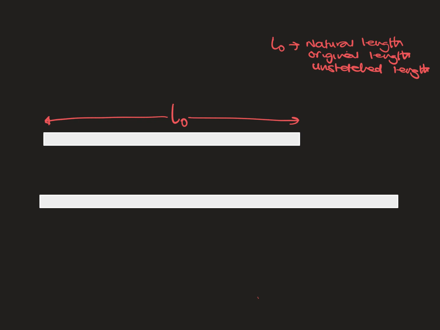If we apply a force to this elastic object and it stretches, thereby making it have a longer length, the final length it attains can be indicated with the symbol Ln, the new length.